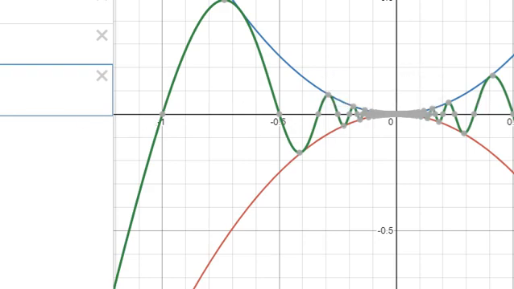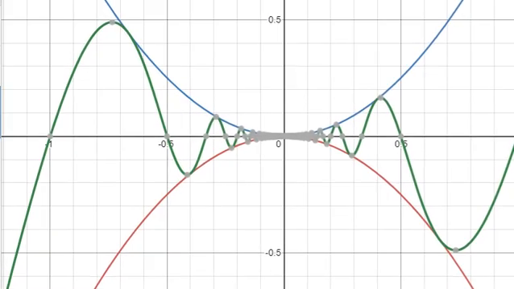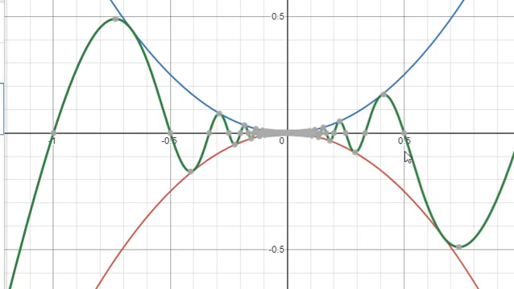Notice the graph of the function. Let me move this a little bit over here. Okay, so this red graph will be the graph for minus x squared, the blue graph will be the graph for x squared, and notice that the middle graph is the graph for x squared sine of pi divided by x.